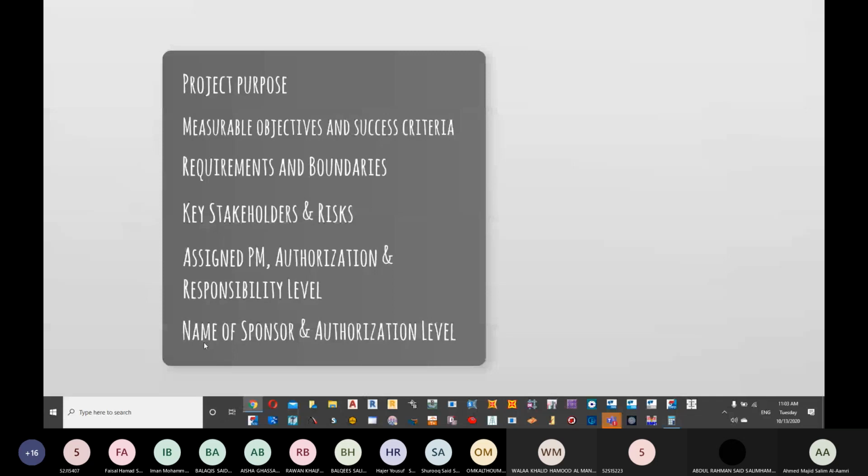Okay, so once again, when we talk about initiation, it is the part we are trying to take an idea and evaluate that particular idea in different ways. The first way, we need to evaluate it financially.